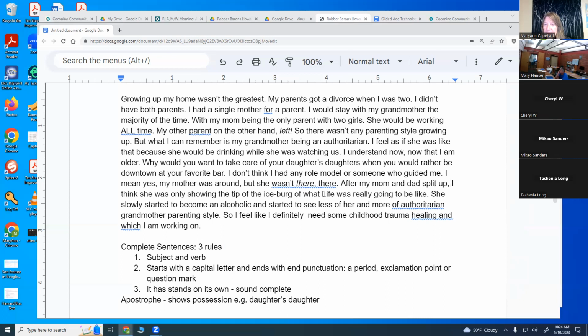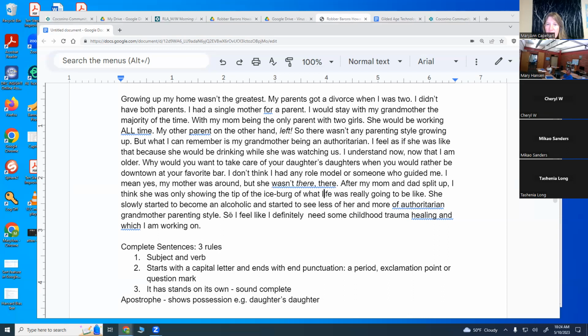Okay. People like to capitalize words that are important to them, but you don't really do that unless it's a name. Okay, I think she was only showing the tip of the iceberg of what life was going to be like. I'm not sure what that means. Let's see if we get the understanding as we proceed.